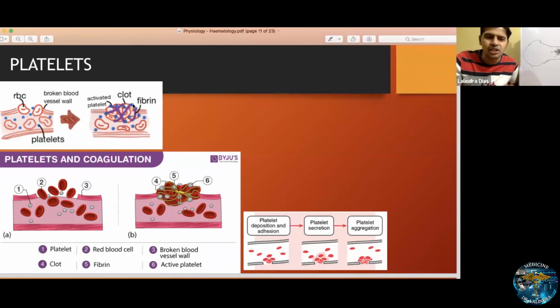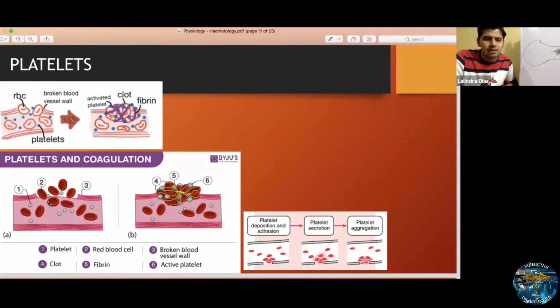Can you see this fibrin mesh, the purple colored fibrin mesh? Inside that, your platelets go and get embedded, and that's how you form a blood clot, right? So inside this fibrin mesh, platelets get clumped together or embedded, and then it seals off this defect.